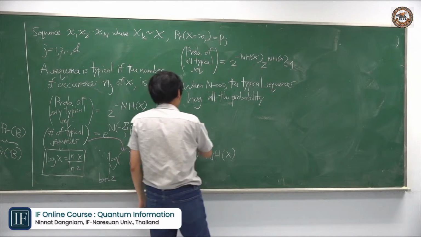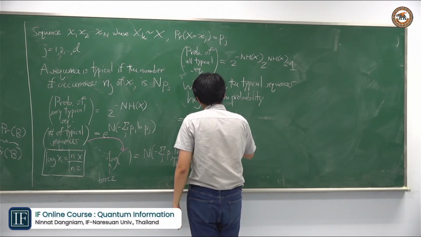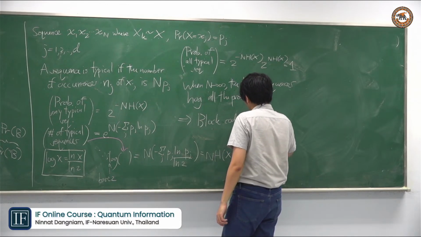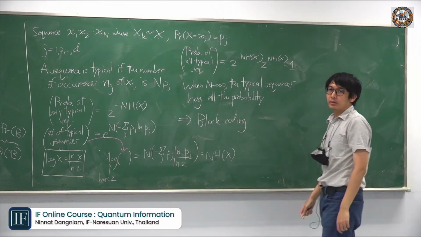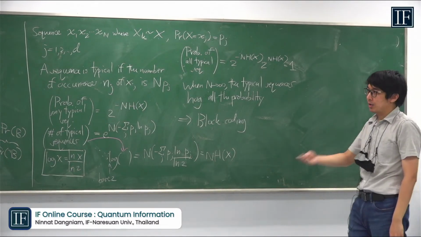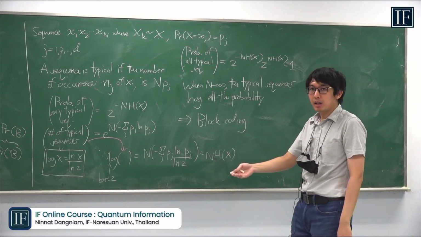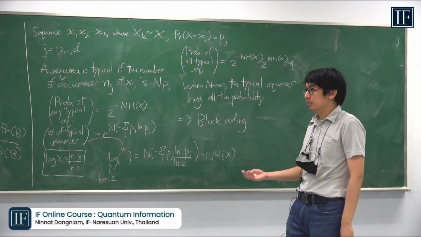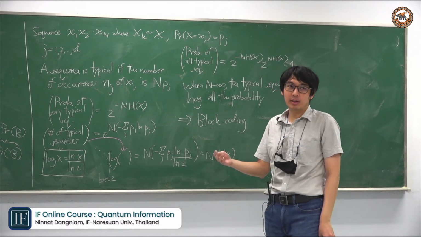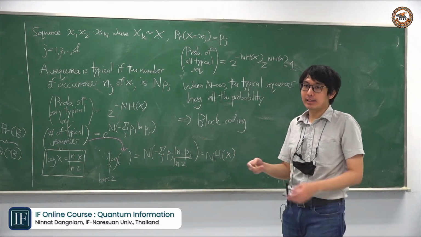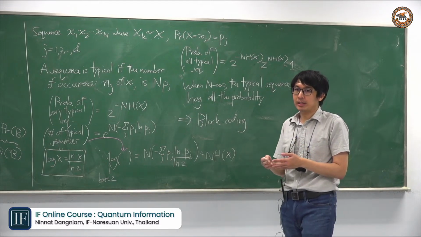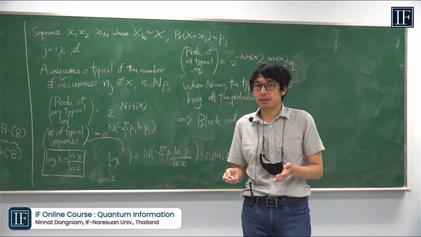So this strategy is called block coding, which is just to encode n symbols at the same time, and then you have to determine the n for which you can say that n is large, so you can ignore all of the sequences that are not typical.